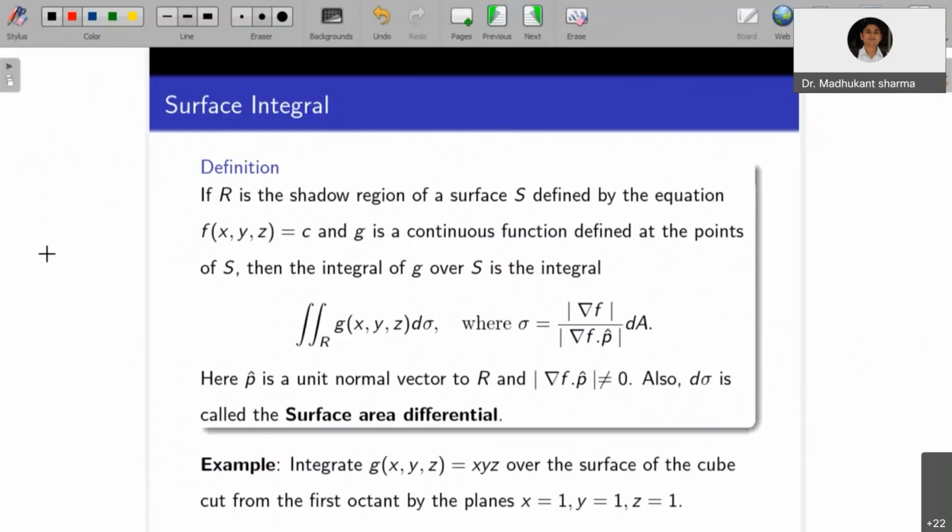We have given the definition, or it can be established by again using the Riemann approach. Just what we have seen in the single variable case can be extended to multiple variables. Everywhere you will notice that the region is bounded. We are not working on an unbounded region. It's bounded and closed by a curve.